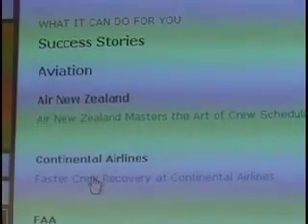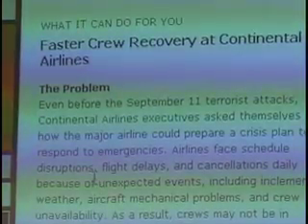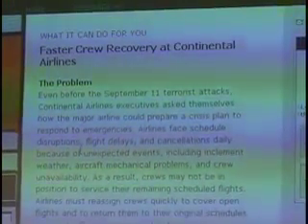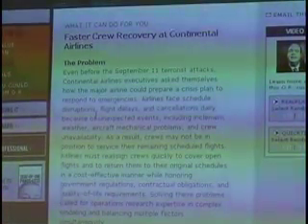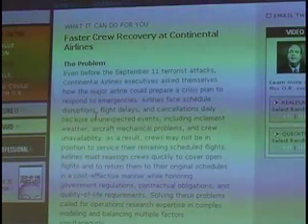Aviation, Continental Airlines. So this work was done by another colleague who has gone off to work in industry, but he was with us from around 96 to 2004.